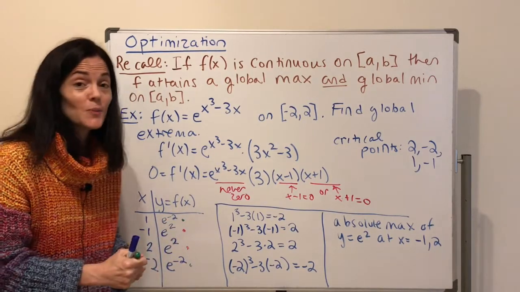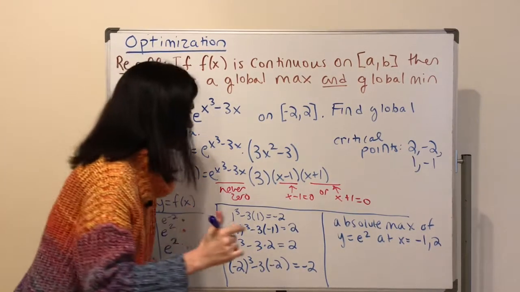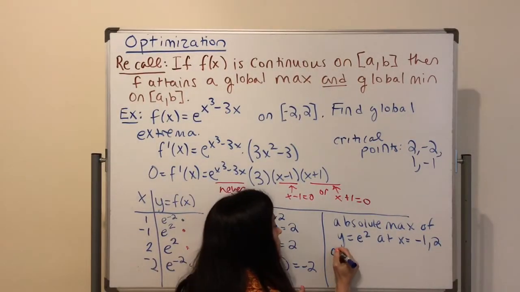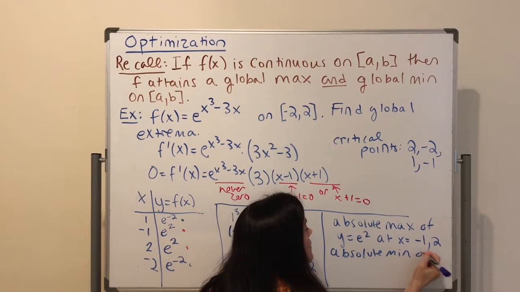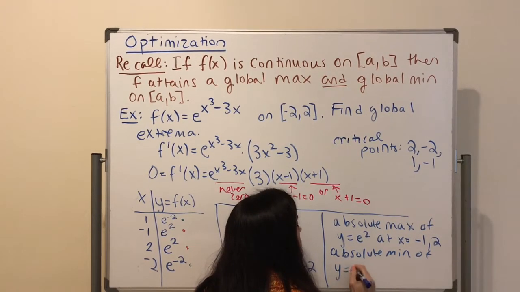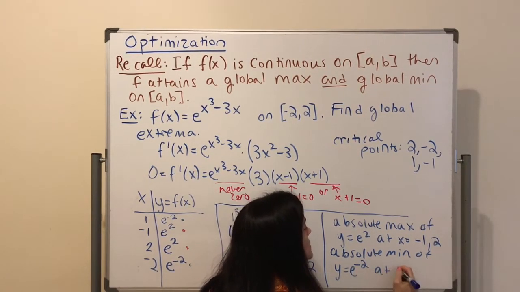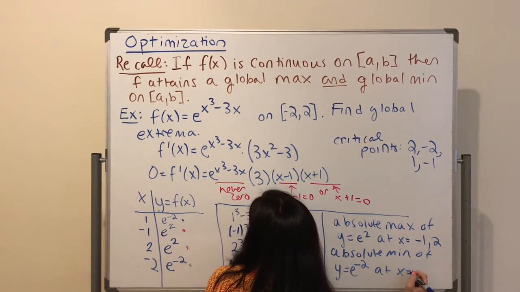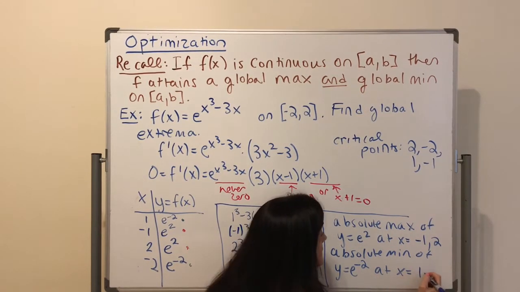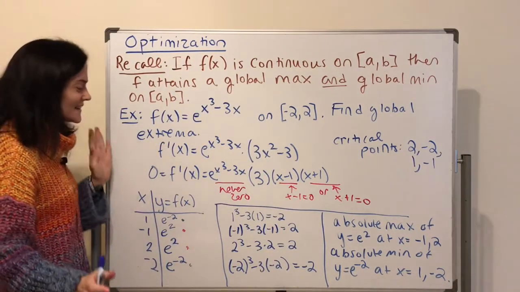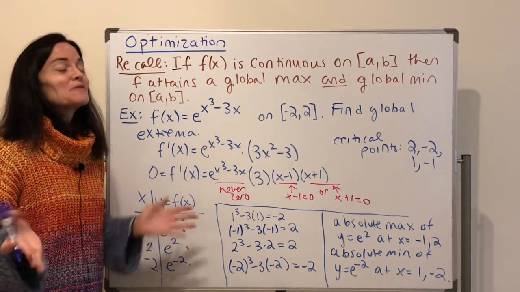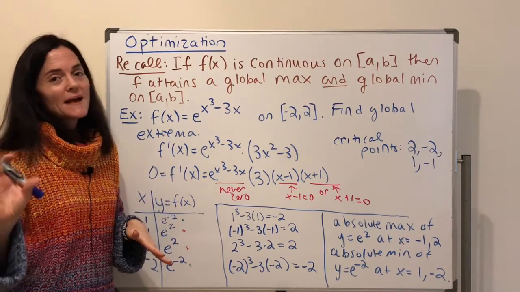We have an absolute min of e to the minus 2, or global min, y equals e to the minus 2, and this occurs at 1 and minus 2. So this was just a refresher to remind us about global max and global min on a closed interval.